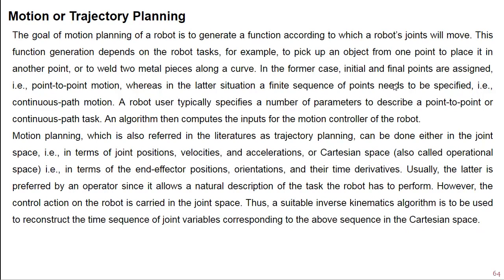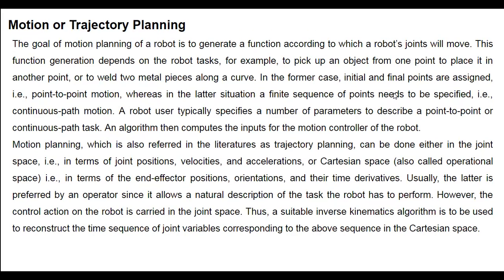A robot user typically specifies a number of parameters to describe a point-to-point or continuous path task. An algorithm then computes the inputs for the motion controller of the robot.